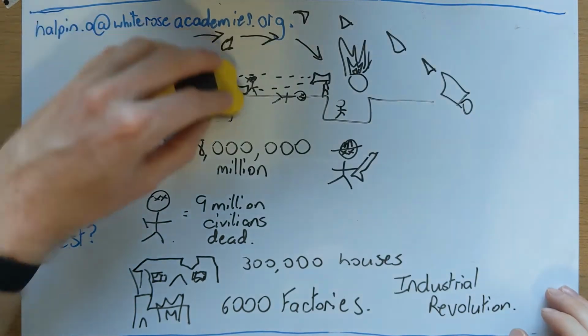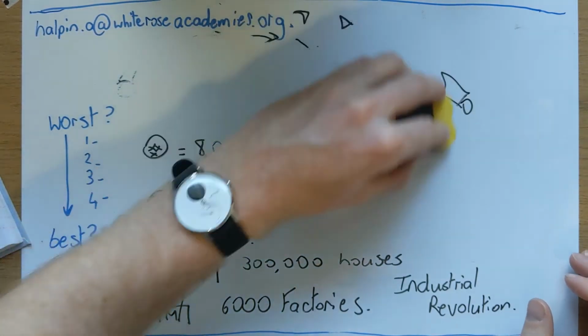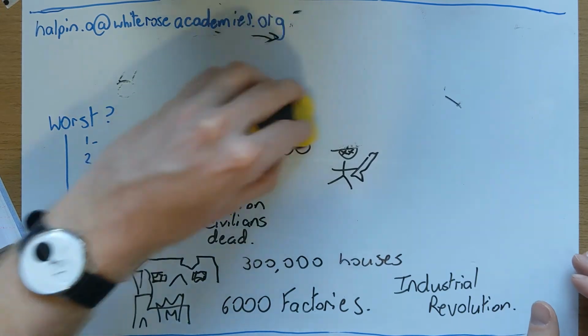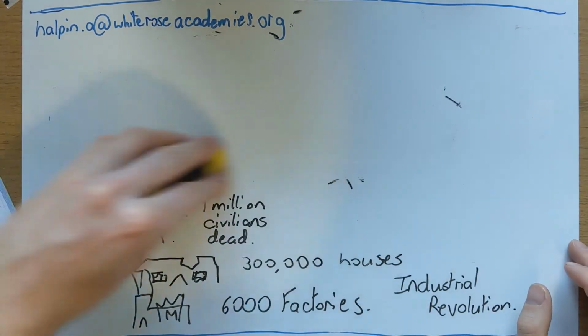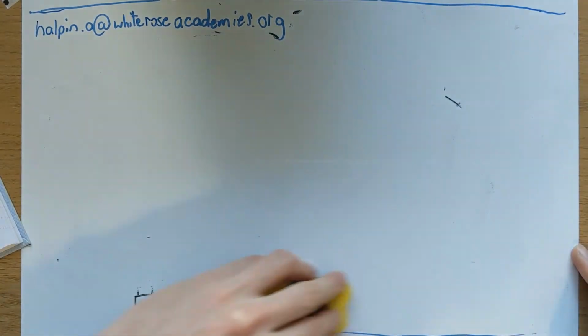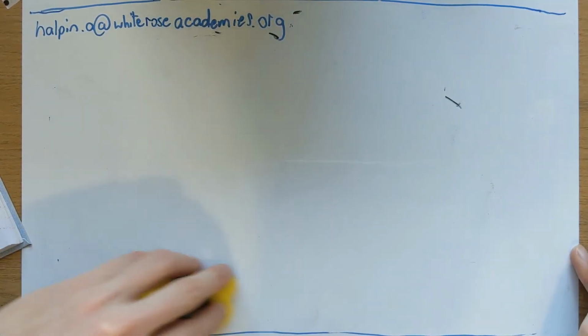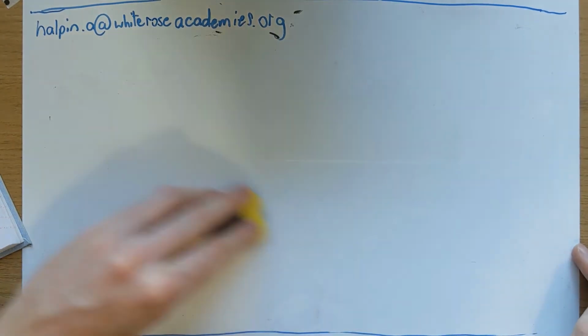Okay, so I'm just going to shuffle this on because we're going to get a little bit off the physical changes now and more on to one of the most important changes that happens in Britain.